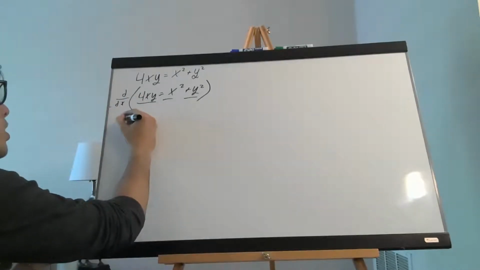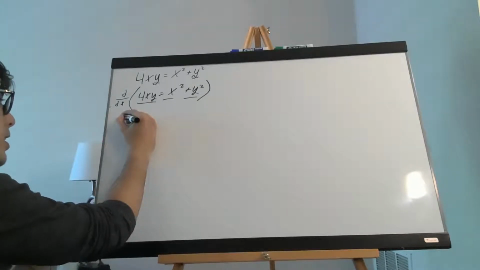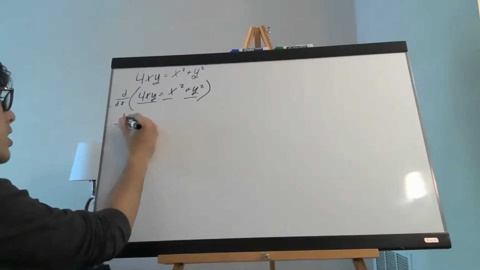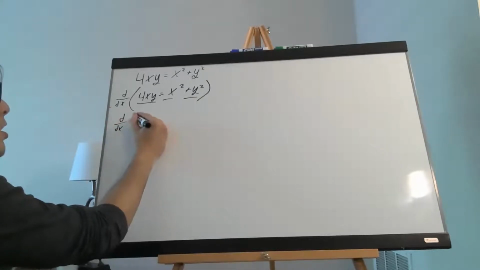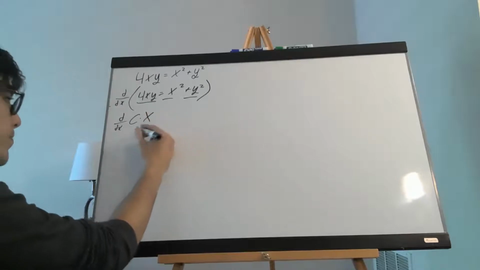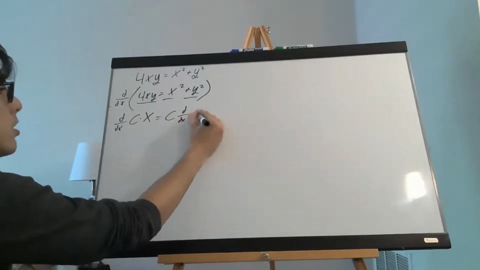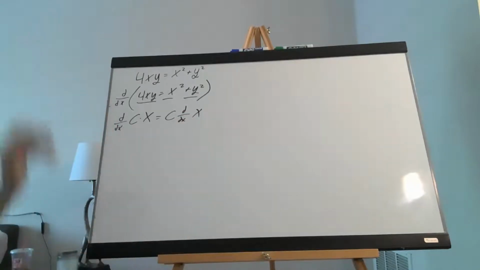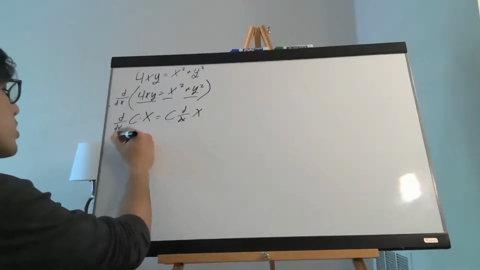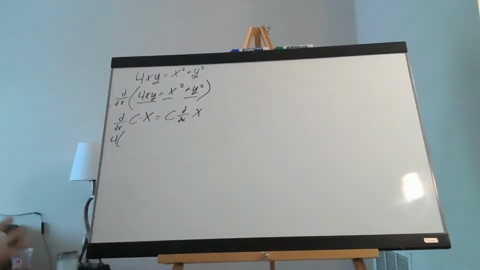For derivatives, I'm sure you guys remember some rule like this: d/dx of c times some polynomial is equal to c times d/dx of the polynomial. The constant isn't affected by the derivative. So we're going to take that 4 out of the way, and then this is x times y. We're going to use the product rule.